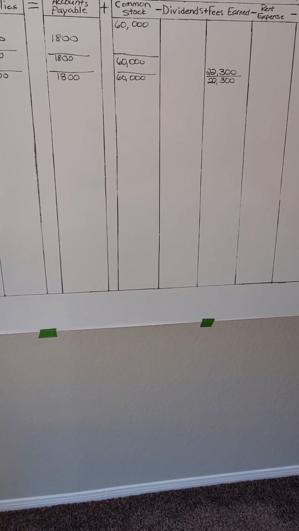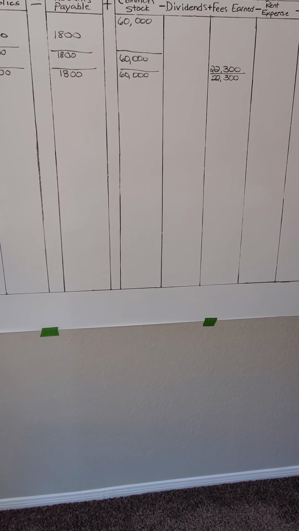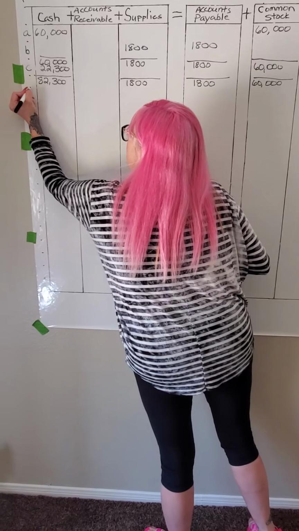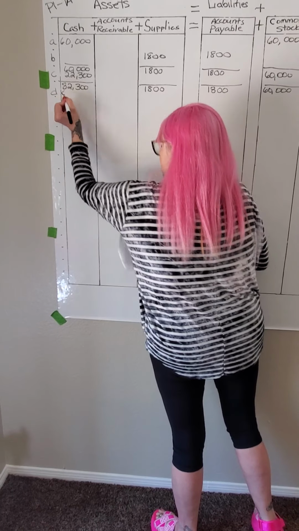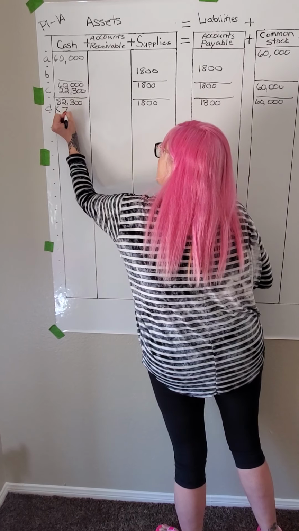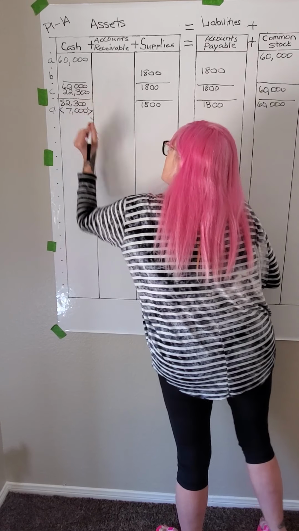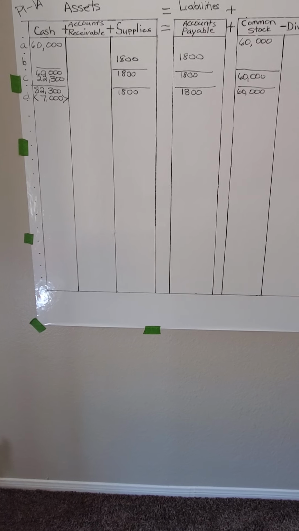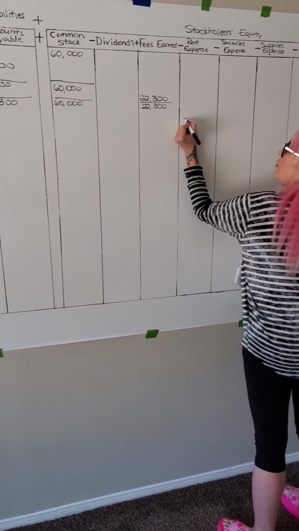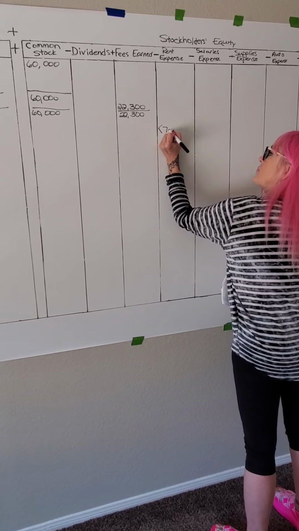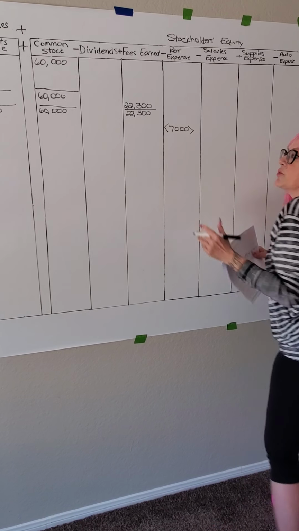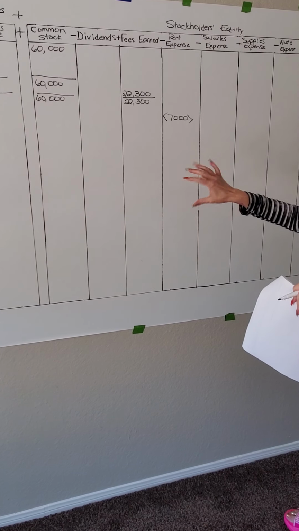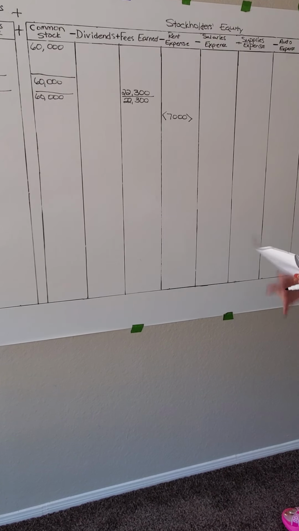For D, we paid rent on office and equipment for the month of $7,000. When we're saying that we paid something, that means we're using cash. So we're going to subtract the cash for $7,000. And then we're going to go to our rent expense here, which is also $7,000. You'll see that I put it in parentheses. When you enter negative numbers into your grid like this, you have to make sure you put a negative sign in front of them.